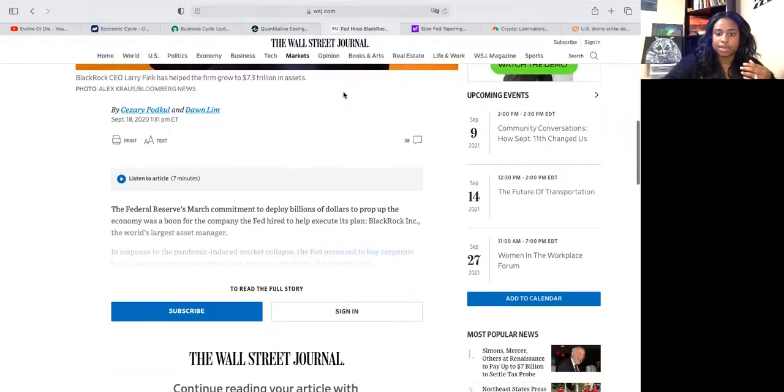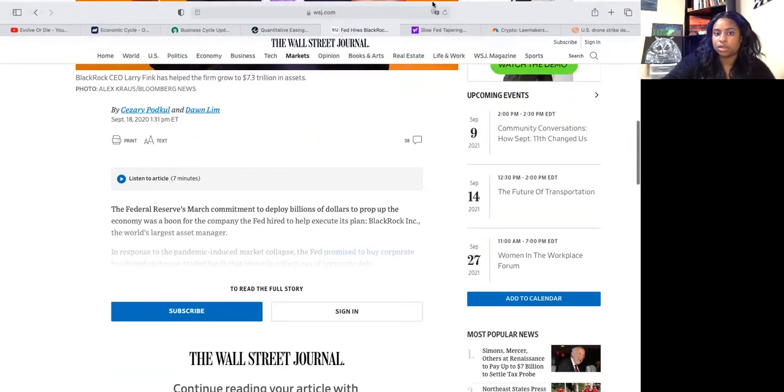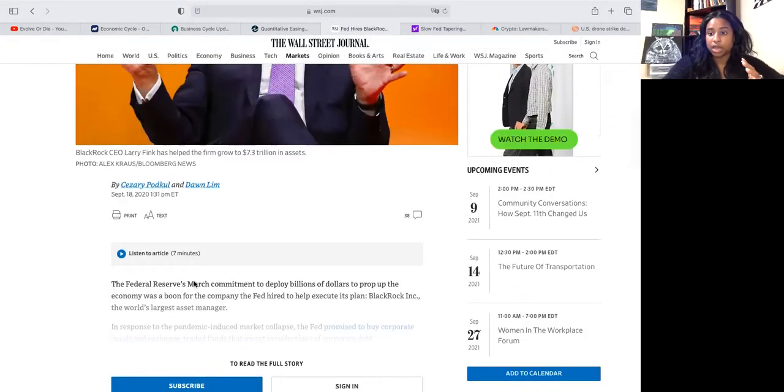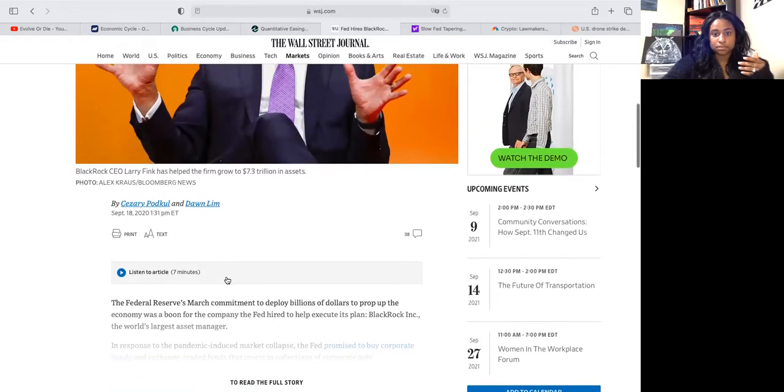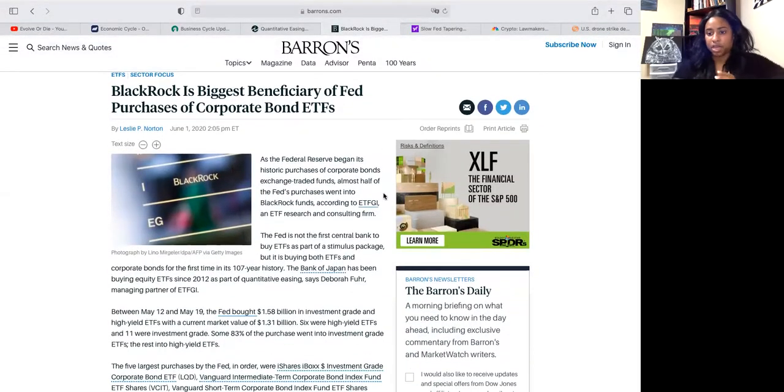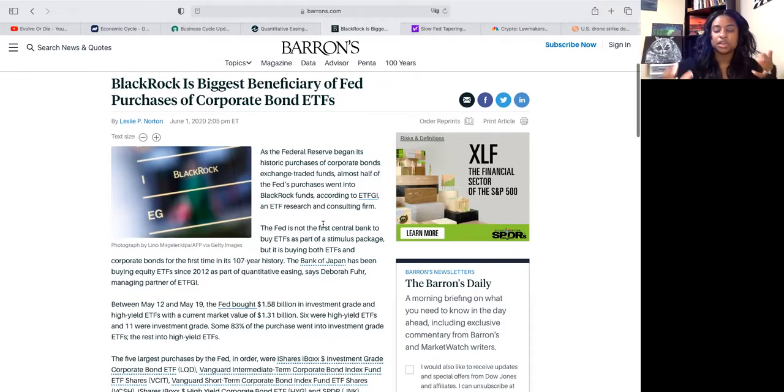So we're going to take a little bit of a dive into how the Federal Reserve interacted with a lot of institutions in terms of ETFs and mortgage-backed securities as a form of very unconventional monetary policy to stimulate the economy. As a part of one of the stimulus packages, a form of quantitative easing that the Federal Reserve engaged in was purchasing corporate bonds, ETFs from BlackRock.